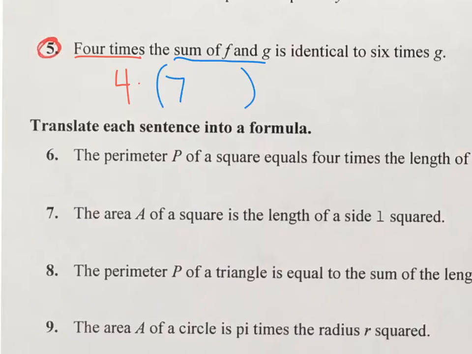The sum is add. So we have f plus g inside parentheses. And then it says is, which means equals or identical to, that also means equal, to 6 times g. 6g. You could put the dot between it if you want, but you don't have to. You could just leave it 6g.